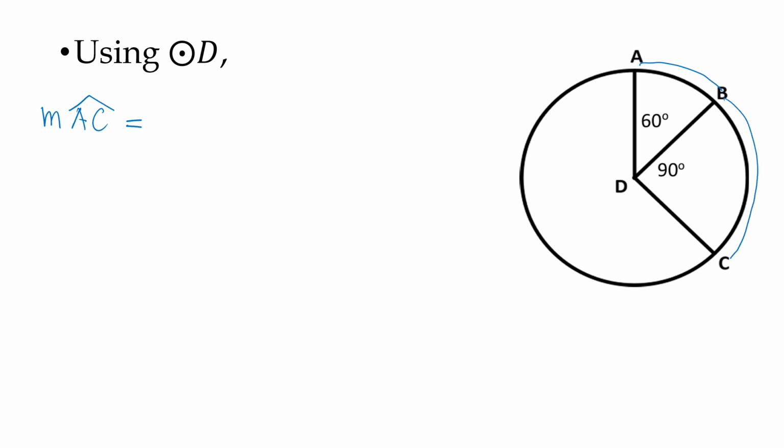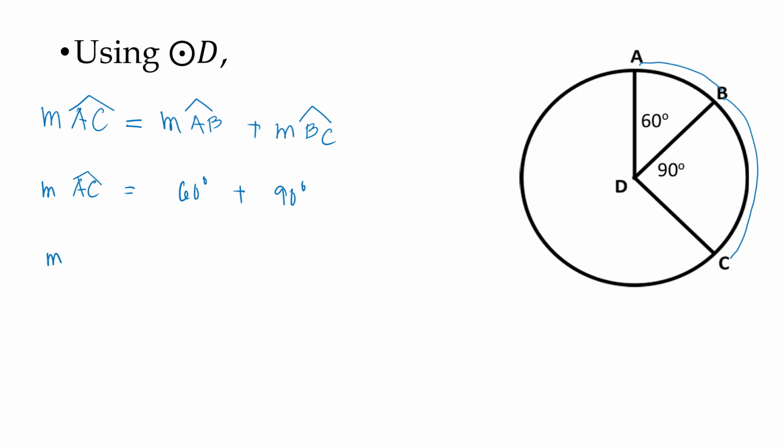So if we add that, then we can find the measure of arc AC based on the arc addition postulate. So we have measure arc AB plus measure arc BC. So measure arc AC is equal to, right, measure arc AB is 60 degrees plus measure arc BC is 90 degrees.